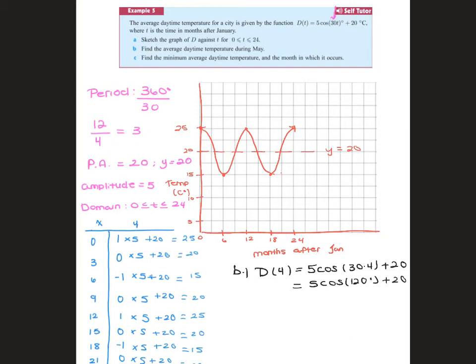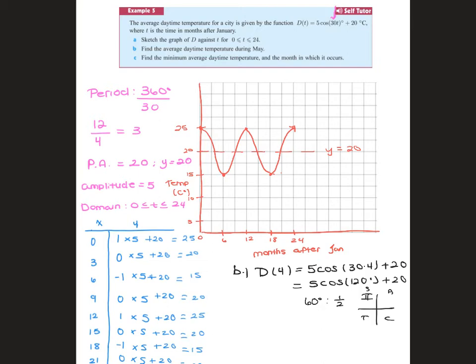Now you need to remember, again, you can save yourself a lot of time if you know your unit circle. So for example, if I look at 120, I think what's the reference angle of 120? The reference angle of 120 is 60 degrees, because 60 degrees plus 120 is 180 degrees. And so I think of the cosine of 60 degrees. The cosine of 60 degrees is 1/2. 120 is in the second quadrant, and I know that all students take calculus.